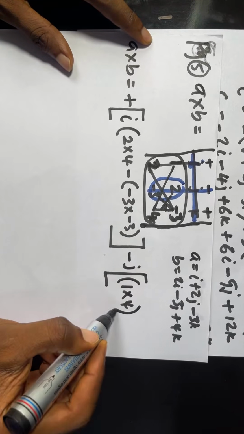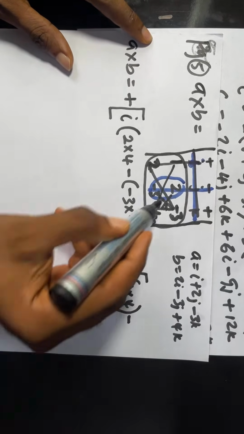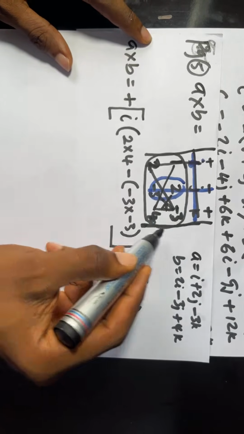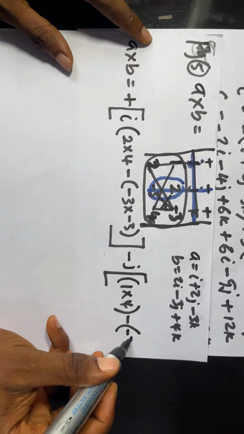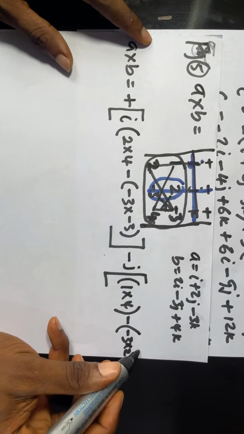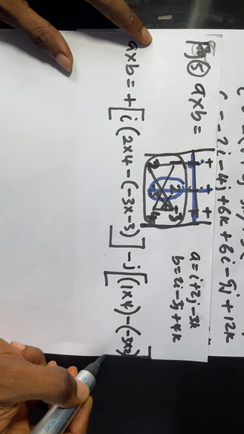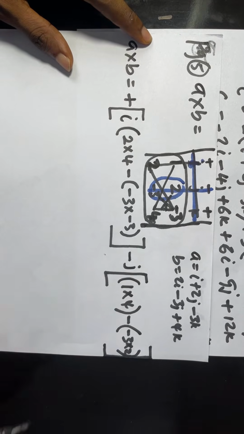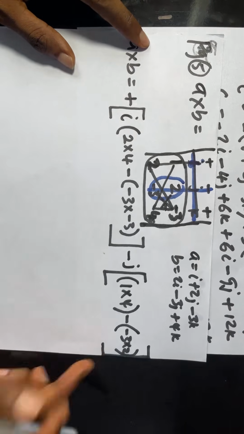Bracket close. Automatically it is a minus. 1 times 4, minus, bracket open, minus 3 times 2, bracket close. You cover the big brackets. As time goes on, if you practice more problems, you'll be able to solve this very easily. Now that's for this one.